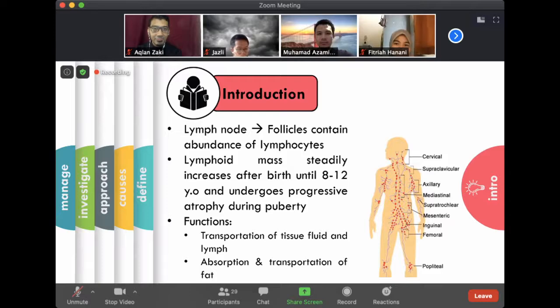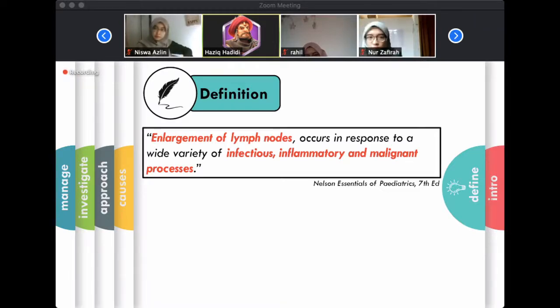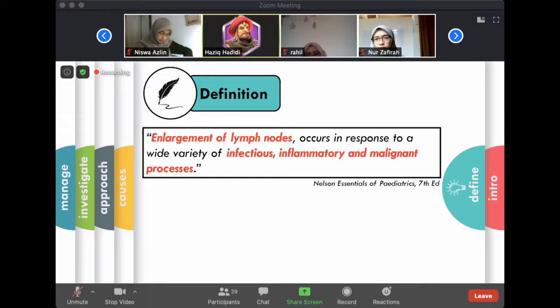Lymphadenopathy can be defined as the enlargement of one or more lymph nodes as a result of a normal reactive process or a pathologic occurrence, which means the lymph node can enlarge through proliferation of normal cells in response to infection or infiltration by abnormal cells such as cancer cells.